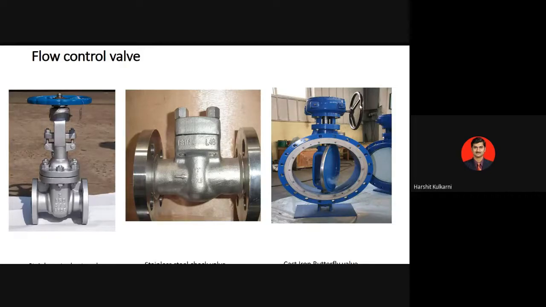So you can rotate this and control the angle at which it is fixed. This defines the opening. Suppose it is completely parallel to the periphery of the outer element, then we call it completely closed, or you can open it by an angle. At a particular angle, you can set it and allow that much amount of fluid to flow.